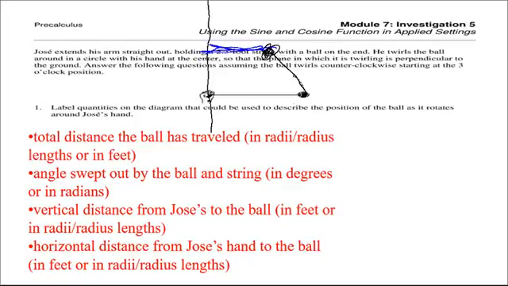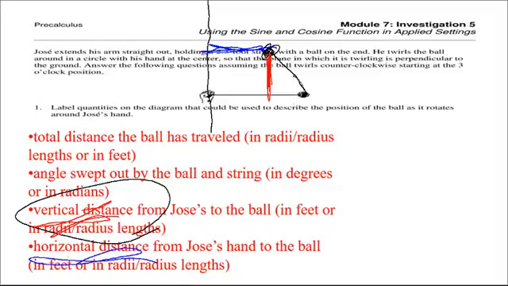And going back to here, the vertical distance from the horizontal line Jose's hand is on, they would be describing this vertical distance here, right? Okay.